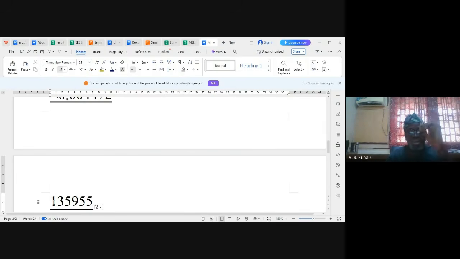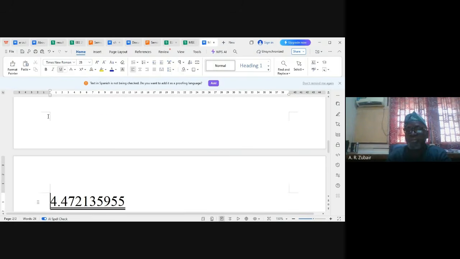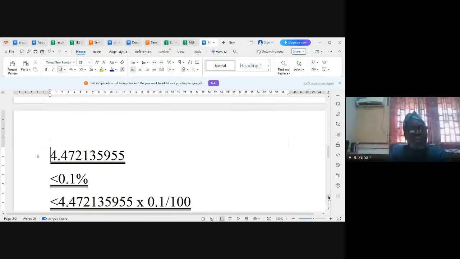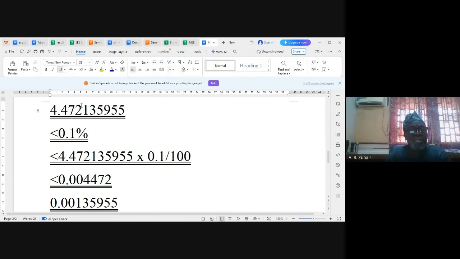The actual error will be 0.00 because, if we can cut this away, this is what we are cutting away, definitely it's going to be less than this. The error here is going to be less than that because 0.001, 0.004.